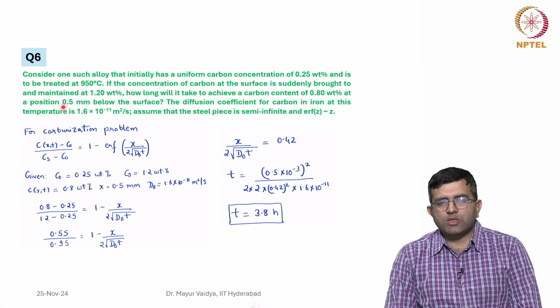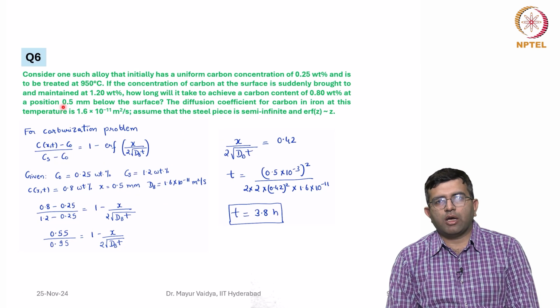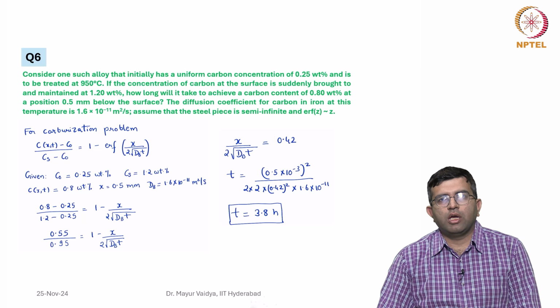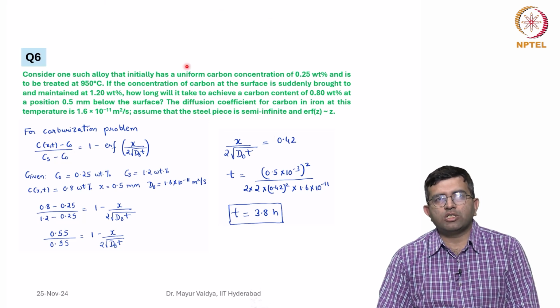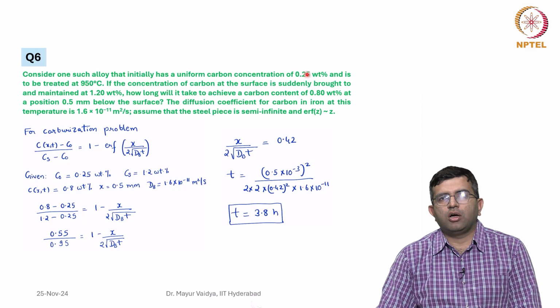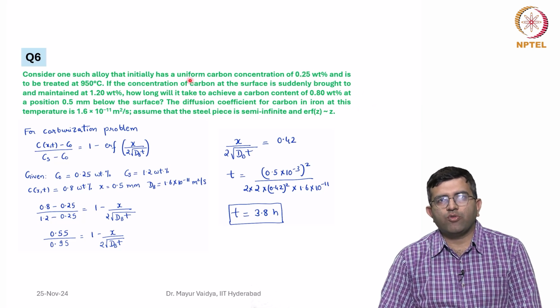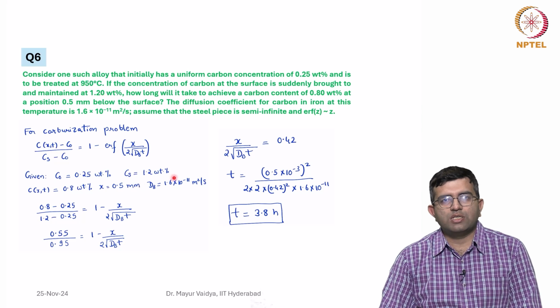Question number 6 is also based on carburization. Here, the temperature is already mentioned. The uniform carbon concentration is 0.25, which is C naught, and the concentration of carbon at the surface is maintained at 1.2, so that is Cs.